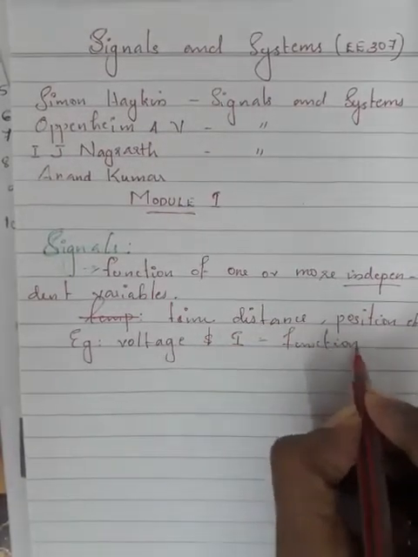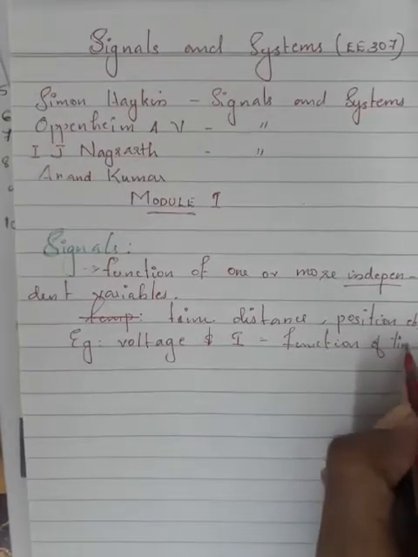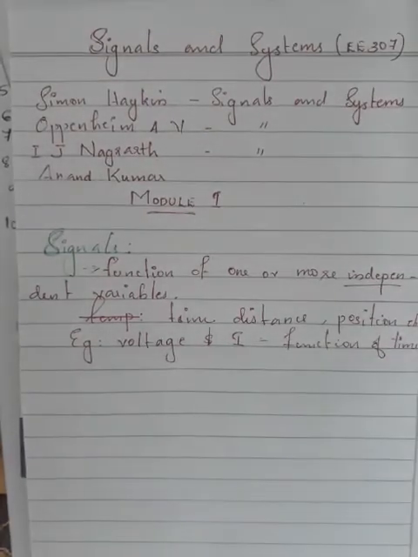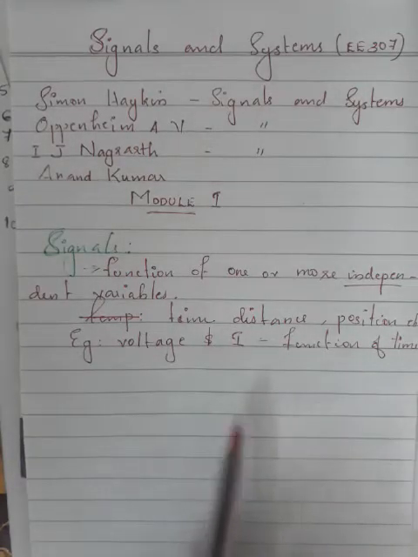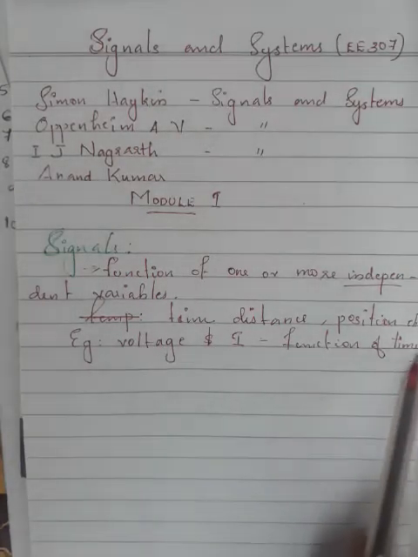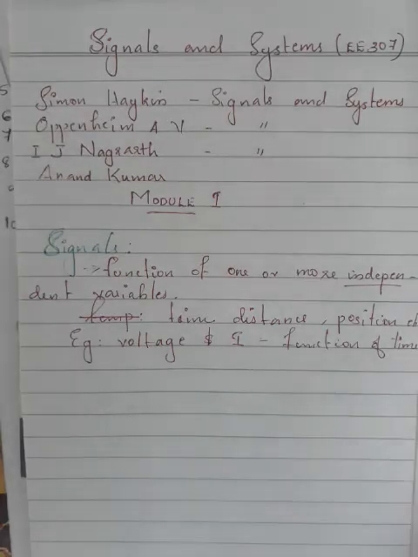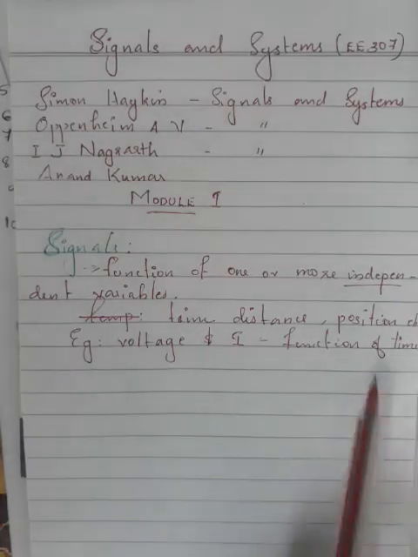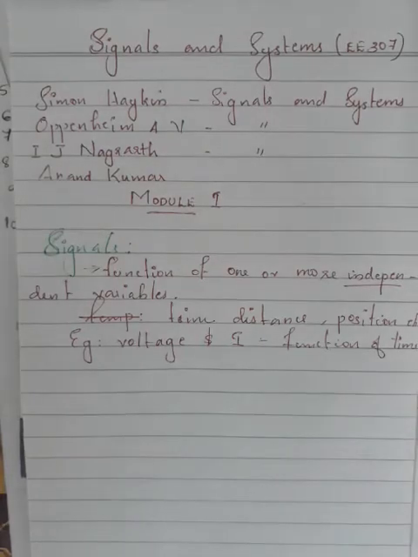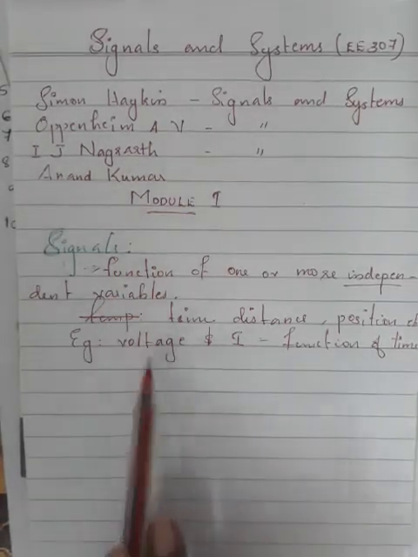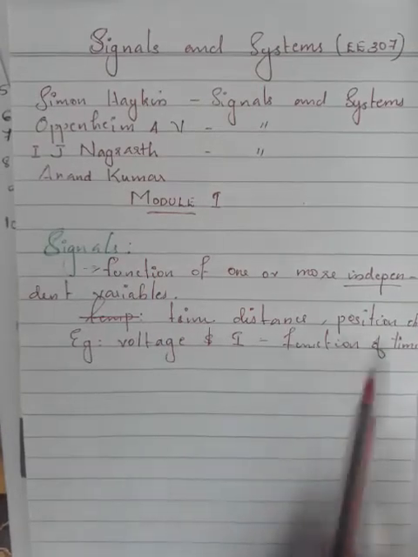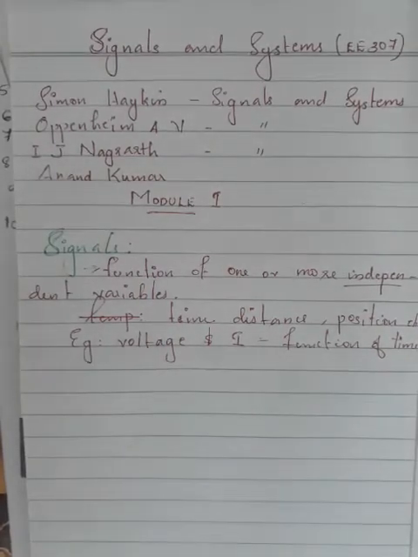Normally, we measure voltage and current with respect to time. And while studying in another module, we will see that we can represent different signals in terms of frequency also. If we have a signal which depends on time, we can convert it into a signal which depends on frequency, that is, conversion from the time domain to the frequency domain. Anyway, as an example of a signal, voltage and current are functions of time.